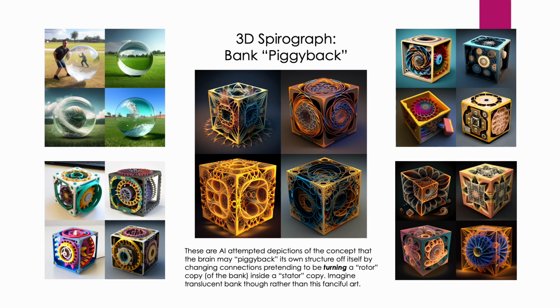All right, I haven't talked about this yet in this class, but it's a concept that I do think is important, and it's this idea that the bank can kind of piggyback off itself.